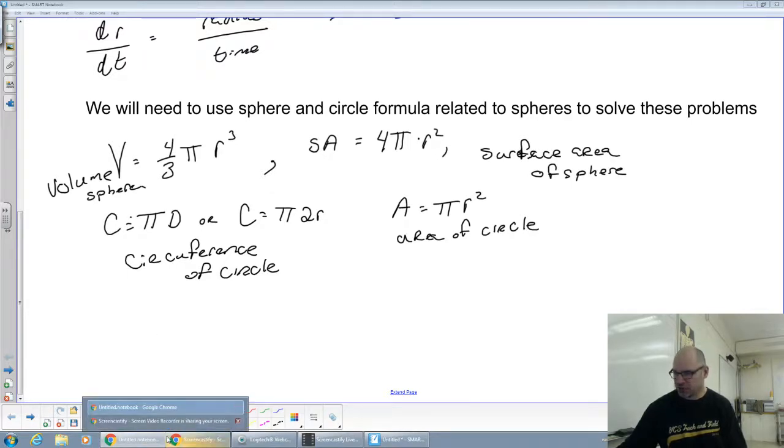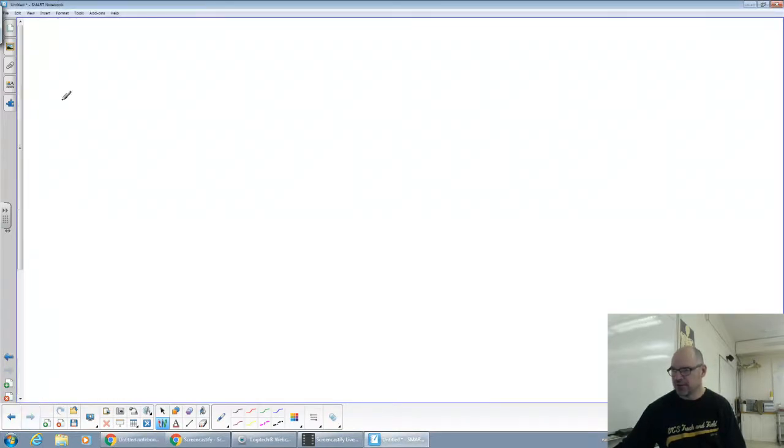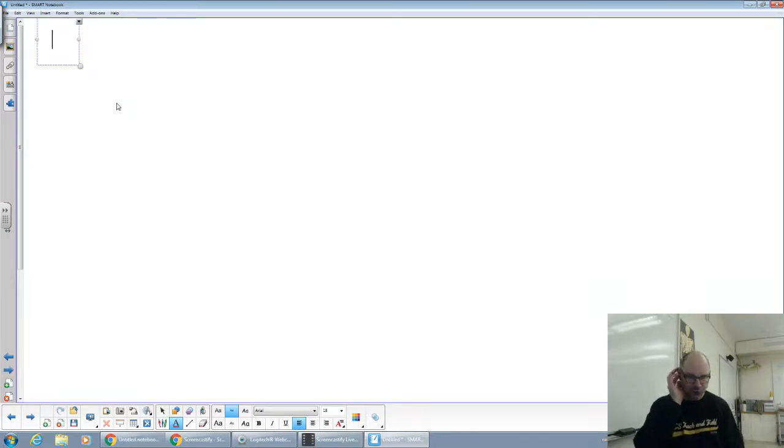Okay, so let's say that we're just going to blow up a balloon. We'll do this first example on the next page. Okay, so this one I'm going to cover all three formulas in it. Okay, so let's say you are inflating a balloon. Let's do an example here.